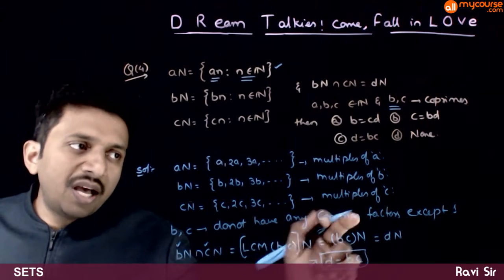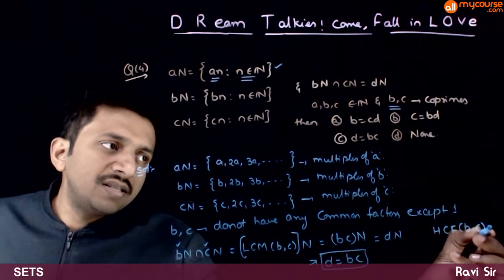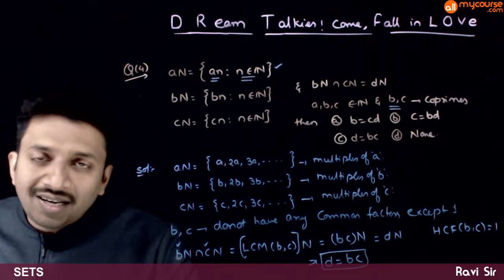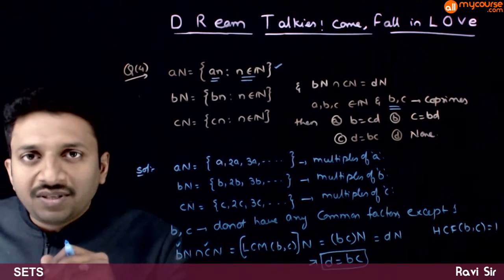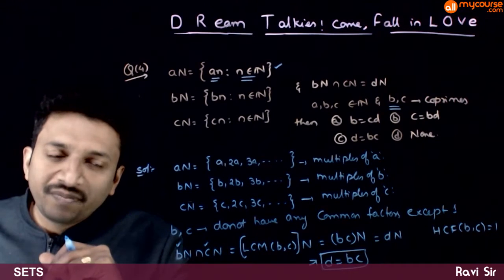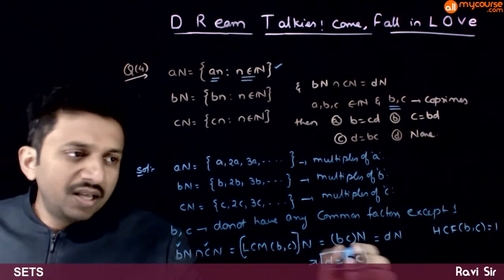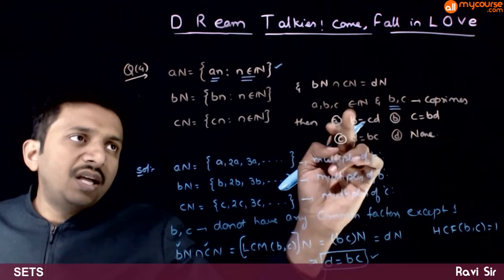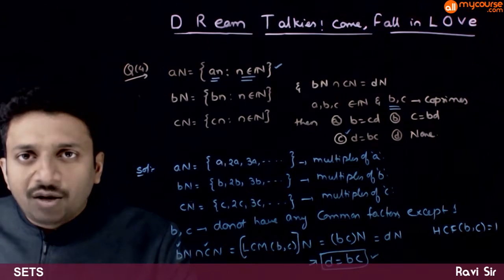Because B and C do not have any common factors. So HCF of B comma C is equal to 1. And in 10th class you have learned that LCM of B, C into HCF of B, C is equal to B into C. HCF is 1, so LCM has to be equal to BC. Hence, D has to be equal to B into C. So option C is the right option.